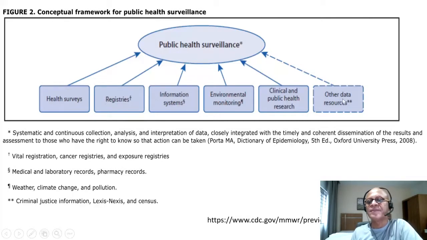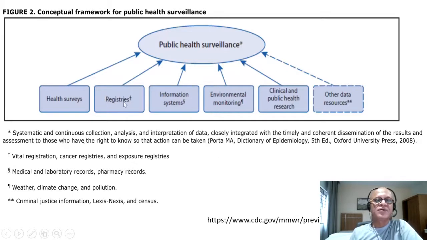This is the other resource, so that's public health surveillance, which includes systematic and continuous collection, analysis, and interpretation of data, closely integrated with the timely and coherent dissemination of the results and assessment to those who have the right to know, so that action can be taken.